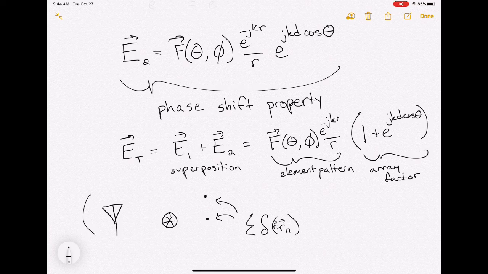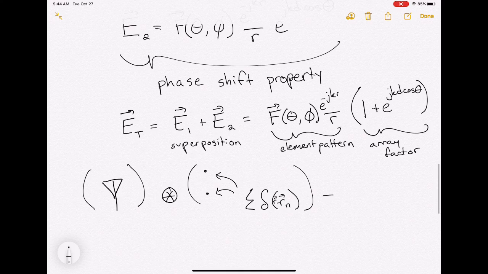So if we convolve one antenna by a grid of positions, what we end up with is a grid of that antenna at those positions in 3D space. So a convolution in 3D space, because of the Fourier transform properties, because of the fact that the radiation integral is a Fourier transform, results in multiplication in angle space, which is why you multiply the element pattern by the array factor.